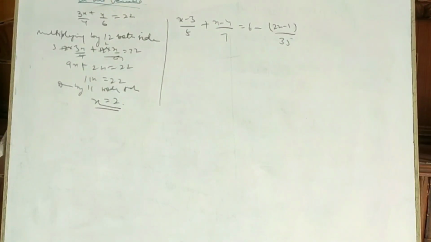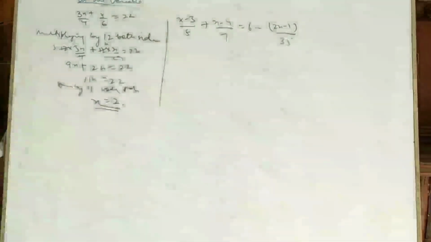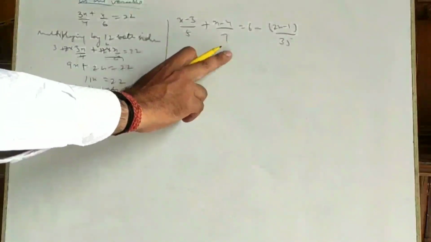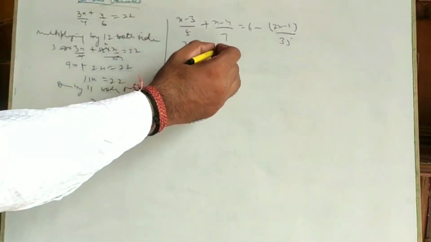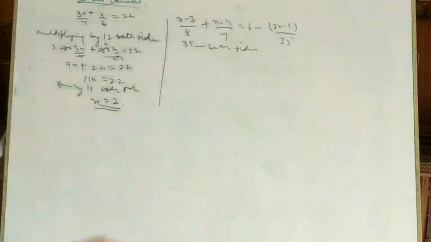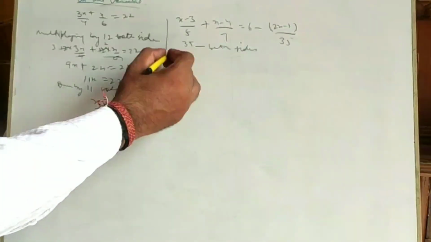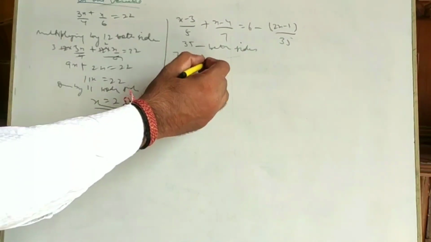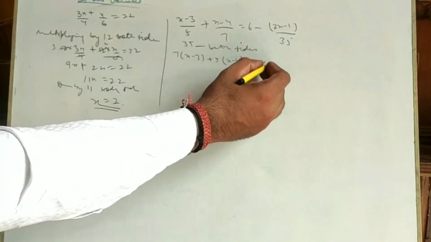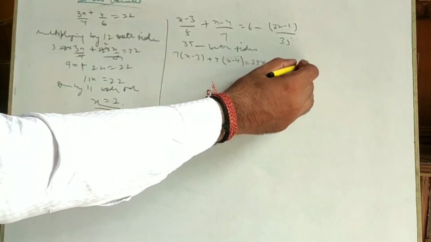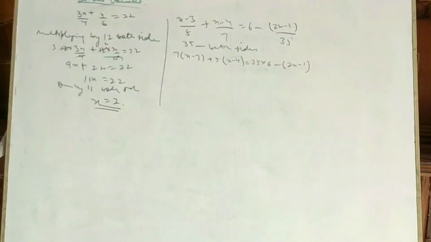Now we can multiply the equation by 35 because the LCM of 5 and 7 is 35. On multiplying by 35 both sides, we will have 7 into (x minus 3) plus 5 into (x minus 4) equal to 35 into 6 minus (2x minus 1).